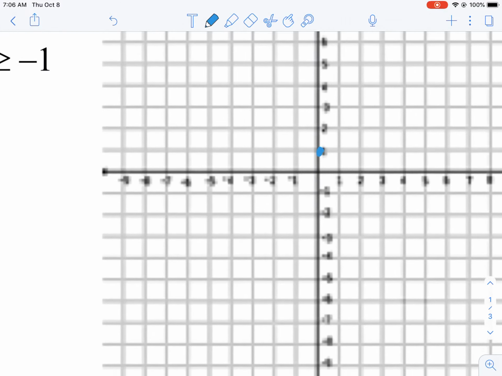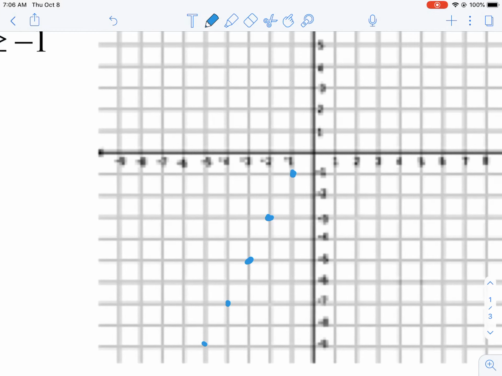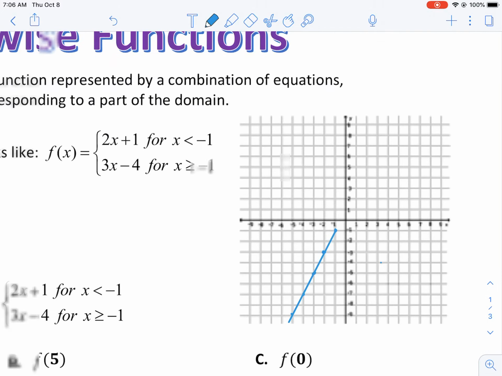And we know it's -1, so it's going to be on the left side. So I'm going to work backwards. Down 2 over 1. And we know it's going to stop at -1. So it's going to stop right here, okay? So that's what our function looks like up until -1.